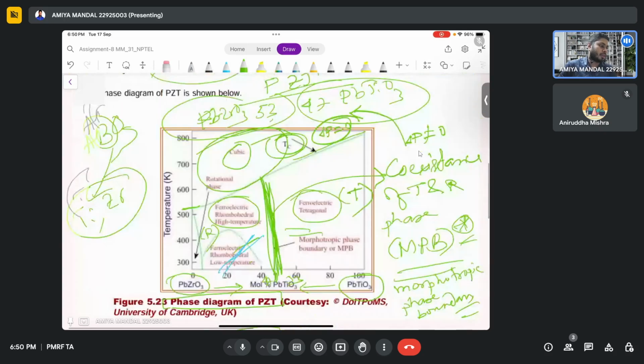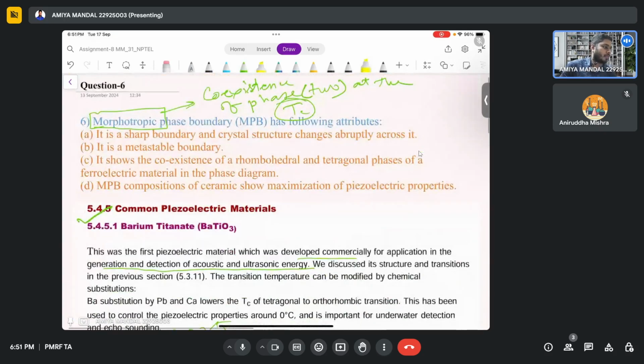Okay, so based on this concept, you can now answer the question that the morphotropic phase boundary has the following attributes. It's a sharp boundary and the crystal structure changes abruptly across it. It shows coexistence of rhombohedral and tetragonal phases of ferroelectric material in the phase diagram.